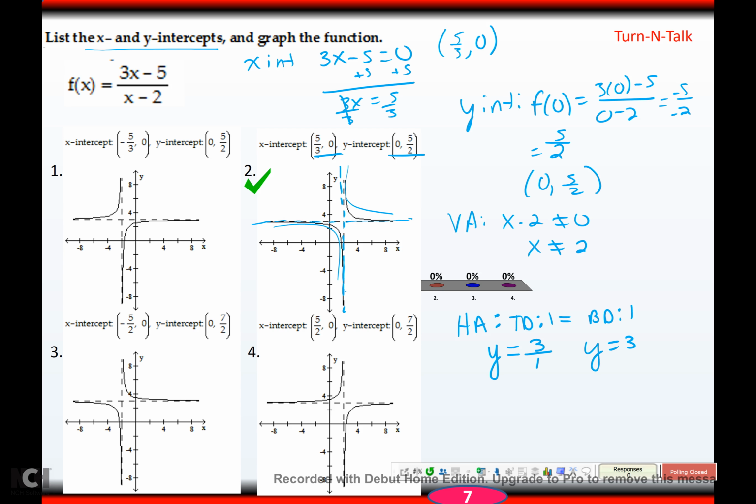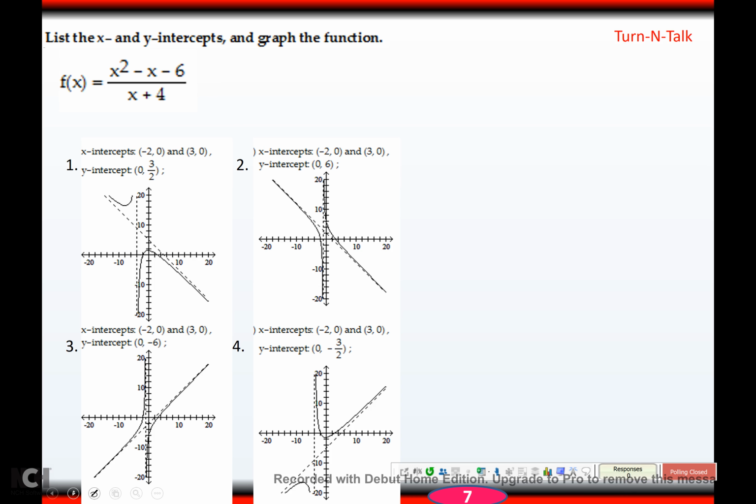Yeah? Alright. Try this one. Come back when you're ready. And hopefully you got 4. Alright. If I find my x-intercepts, numerator equals 0, I can factor, should be an easy factor, a is 1.